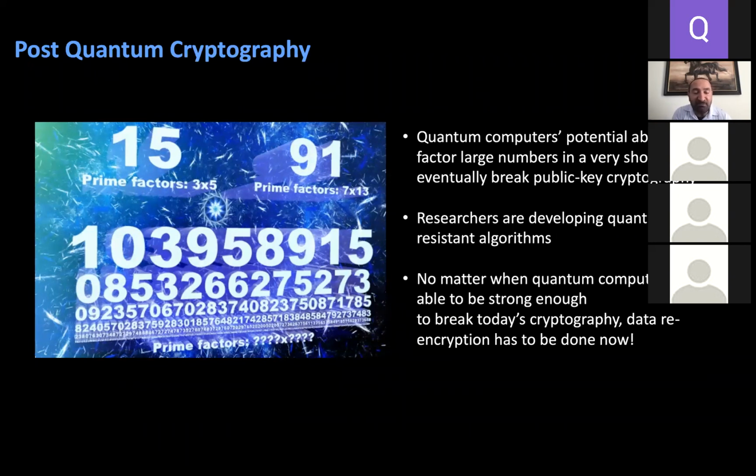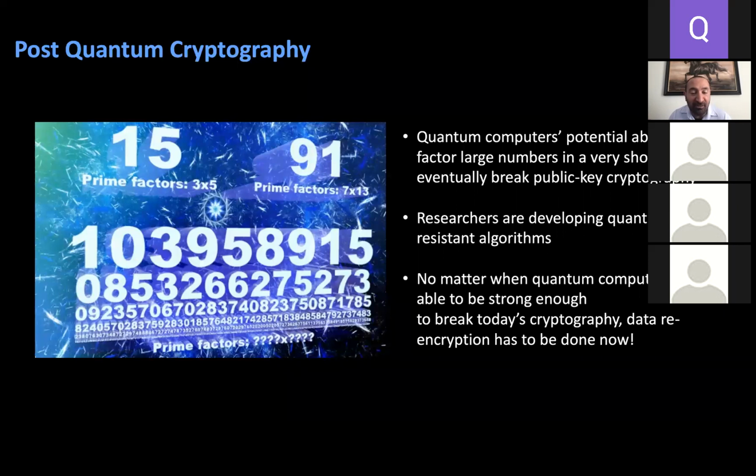Among these problems is the factorization of large numbers. There is already an algorithm that solves that problem, of course on a smaller scale, called Shor's algorithm. But in the future, Shor's algorithm will be able to break today's public key encryption. So algorithms such as RSA and Diffie-Hellman will be broken by Shor's algorithm.